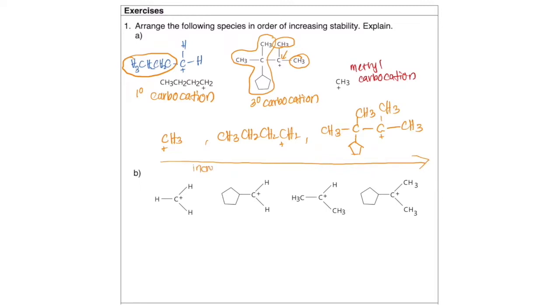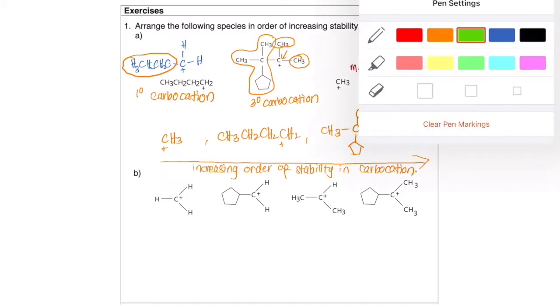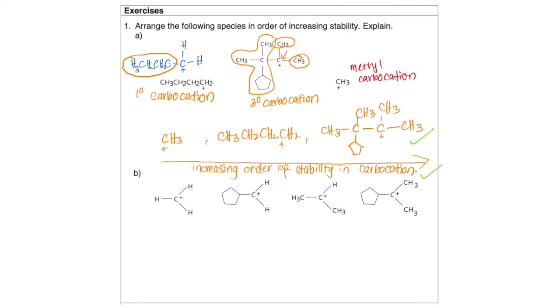So mesti label ya, increasing order of stability in carbocation. Tu satu markah. Usually the mark goes to this and this one. And then explain. Senang sahaja, very simple, because this one has more alkyl group. Itulah dia.